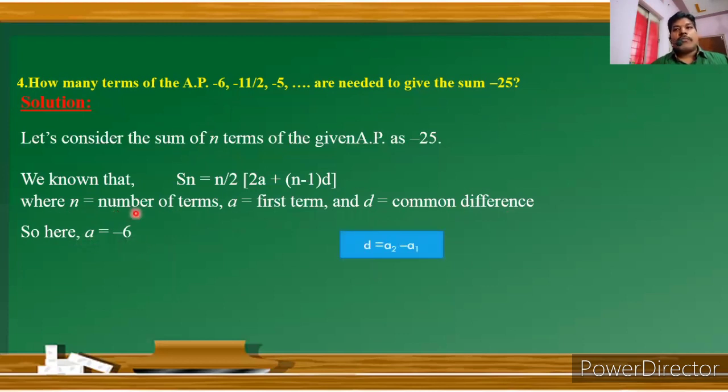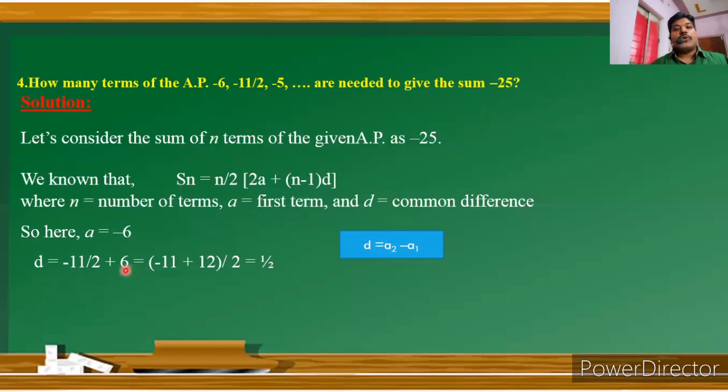The d value formula is a2 minus a1, the difference of the terms. The difference of the first two terms is the common difference. So a2 is minus 11 by 2, minus a1 is minus 6. So you can calculate the d value. D is equal to minus 11 by 2 minus of minus 6, it will become plus 6.